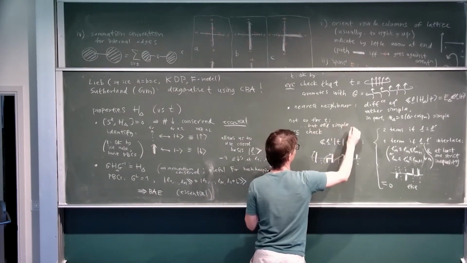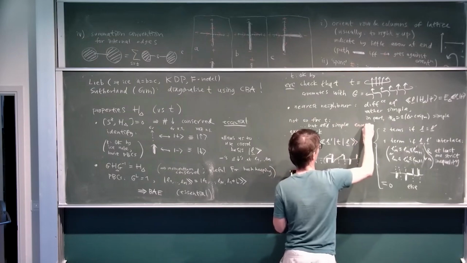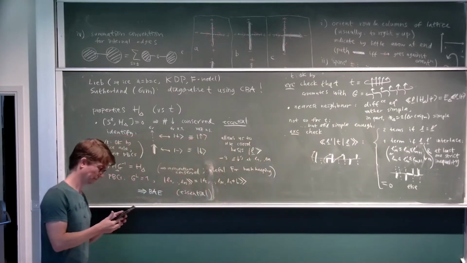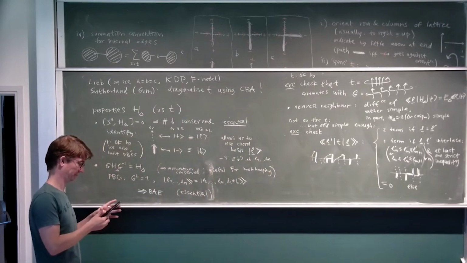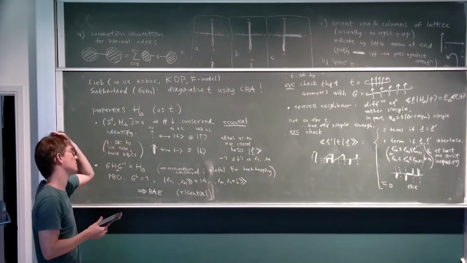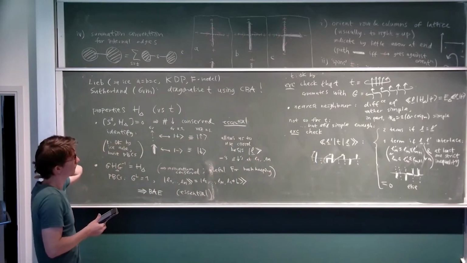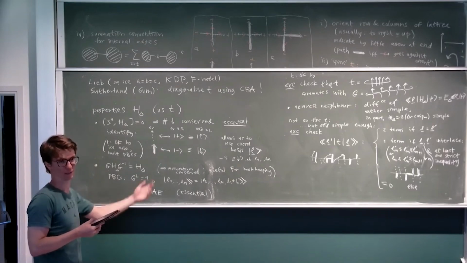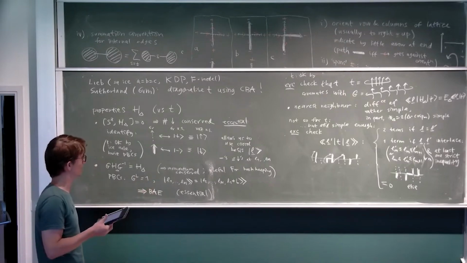Simple enough, let's say. Very good. So not nearest neighbor, but at least not super hard, so maybe there's a hope to do the coordinate Bethe ansatz.